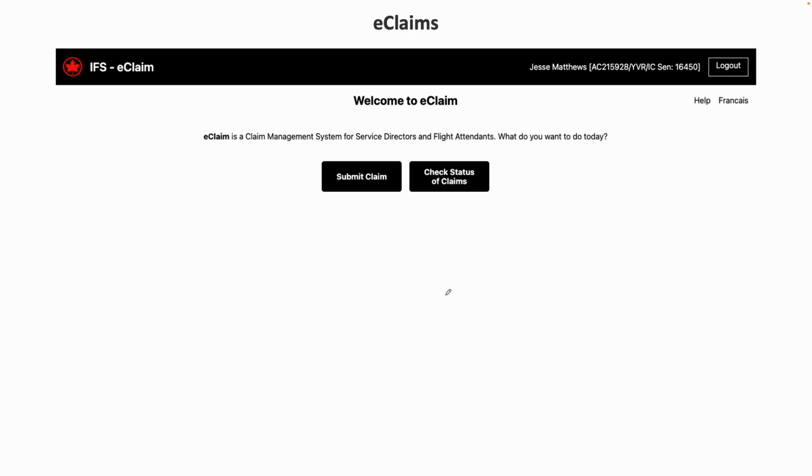The first is Submit Claim. This is where you would go to submit any sort of claim involving pay, where you are looking to recover that missing pay. The second is Check Status of Claims. That would be where you see what is happening with any claim that you have made and take any further action from there.